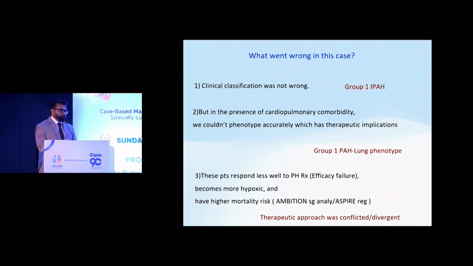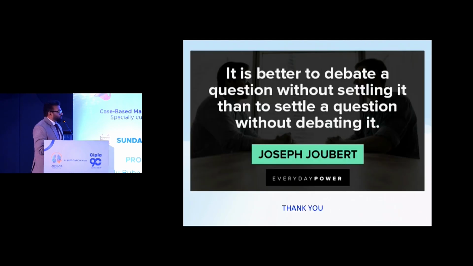It's because of worsening VQ mismatch, and because of some part of the lung component. If you do inhaled iloprost, that VQ mismatch worsening does not happen as much, and it really helps. The idea is to cut down the PVR as much as possible, which should help with improving the O2 requirements as well. Yeah, so thank you so much.